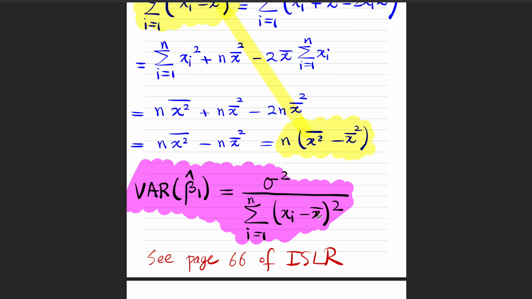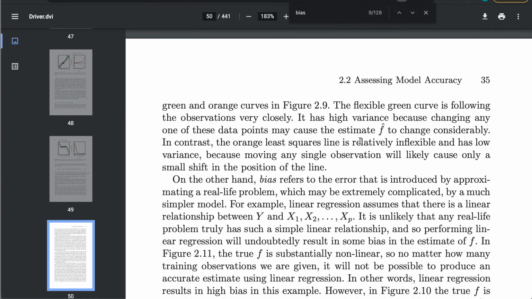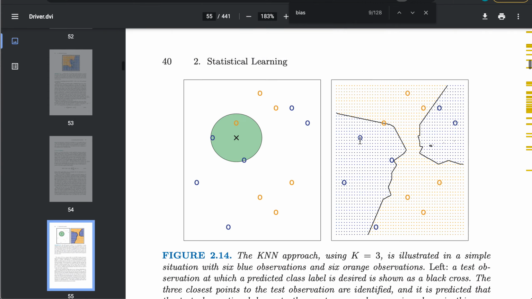Okay, so let's look at page 66 of the ISLR book.